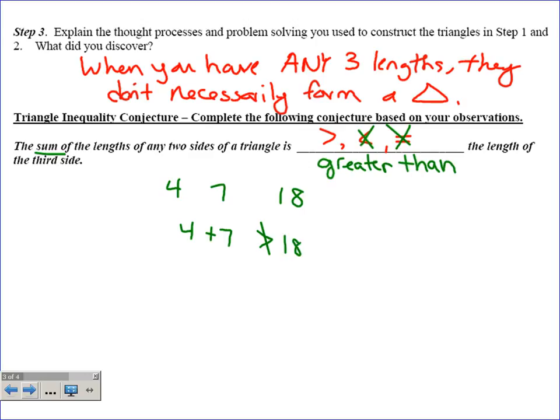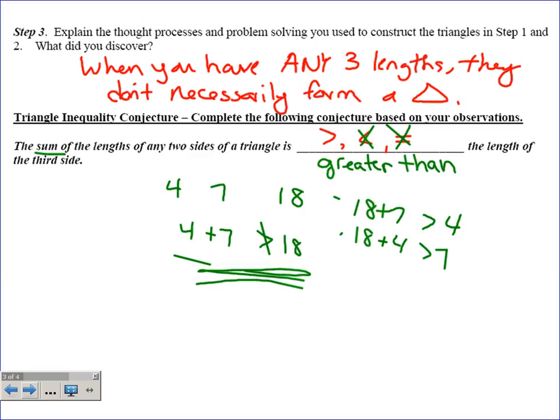But look at the other examples. You could have said, well, hey, 18 plus 7, that's definitely greater than 4. And 18 plus 4, that's definitely greater than 7. So this one works, that one works, but this one here doesn't work. So really the one that we always test is smallest one, second smallest one, how does it relate with the biggest one?